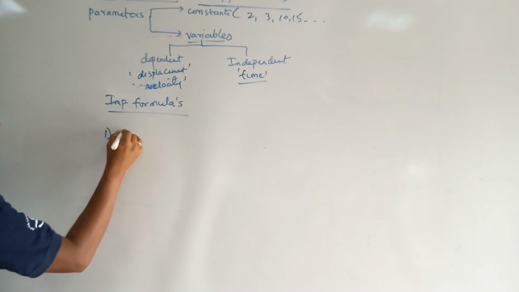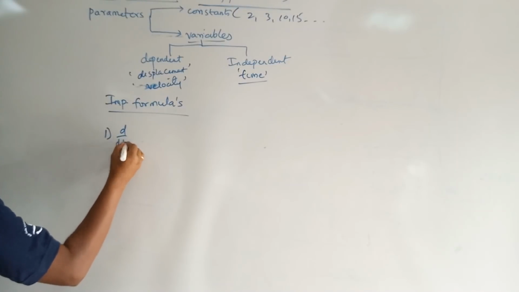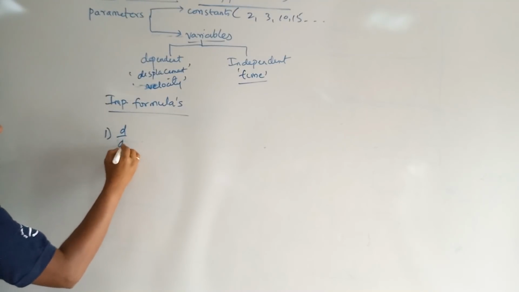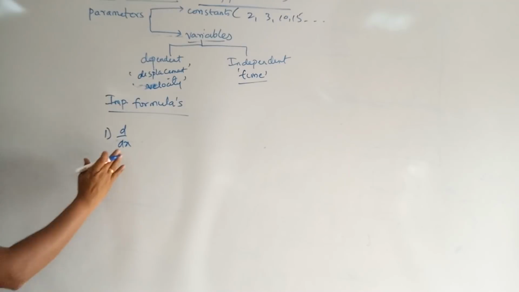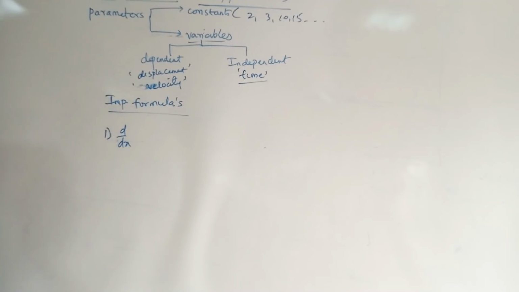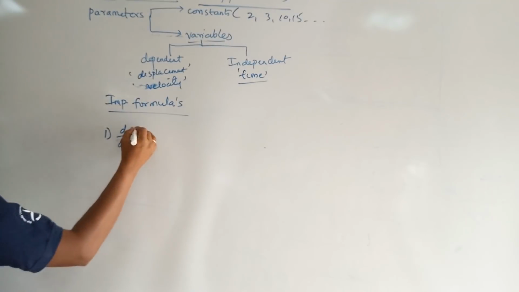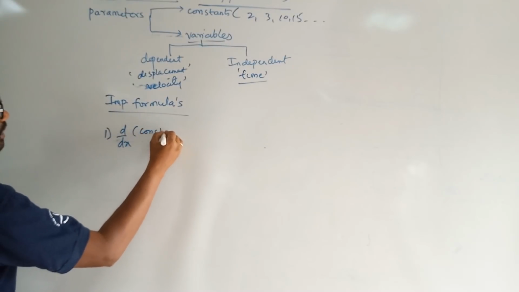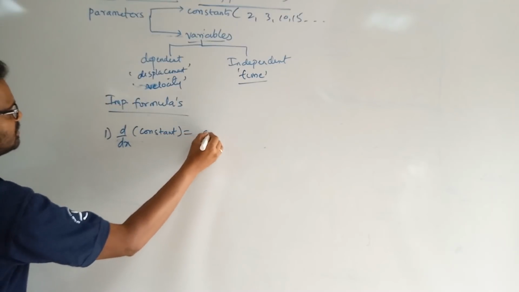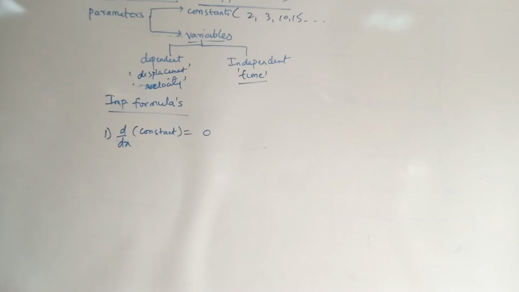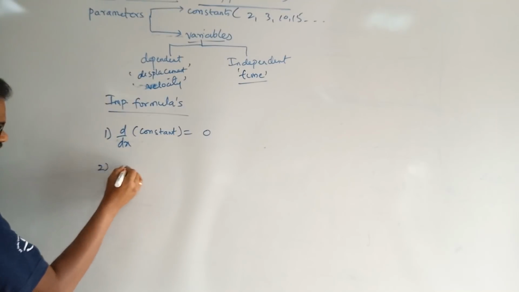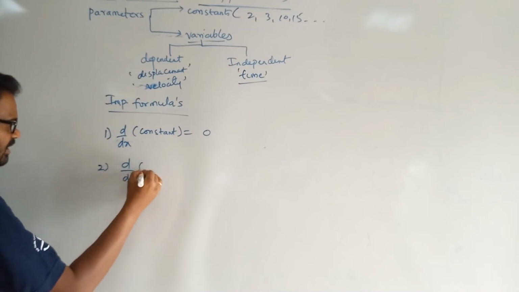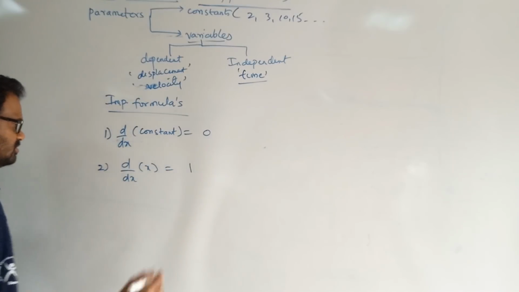Important formulas. First one, d by dx. Let me say I have an equation in the form of y equals x. If you differentiate any constant number with respect to x, differentiation of a constant with respect to x gives rise to 0. One formula. Next, second one, d by dx of x gives rise to 1.